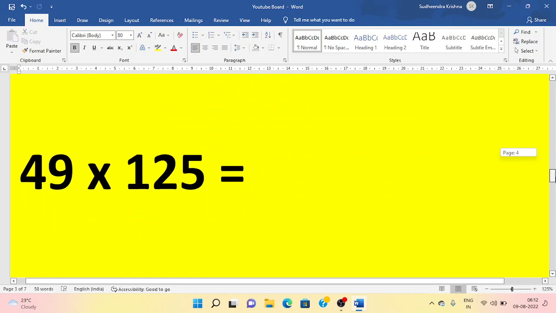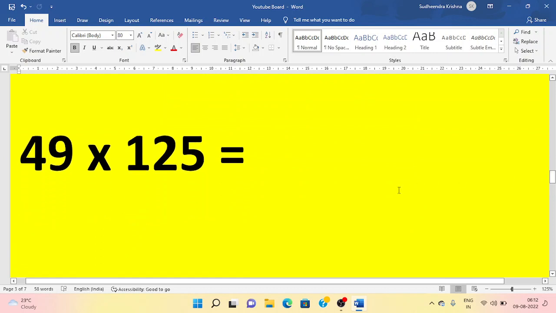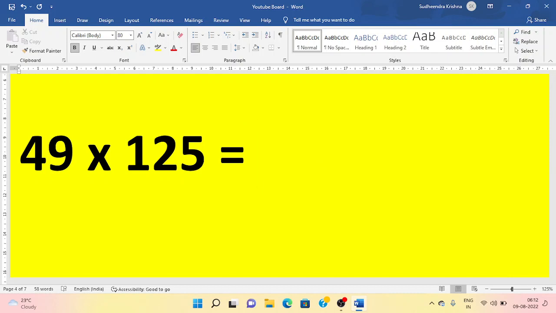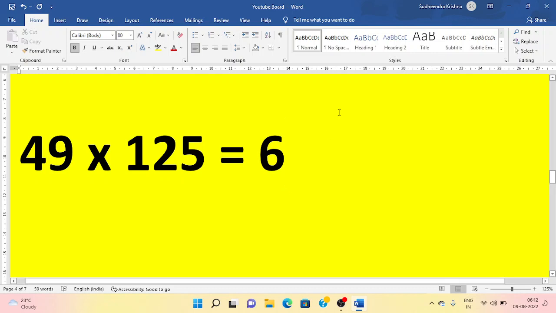Now let us take an example. Let us take 49 into 125. First divide 49 by 8. When you divide 49 by 8, 6 8s are 48. So you will get 6 as the quotient and 1 as the remainder. As per the table shown above, if the remainder is 1, you have to put 125 in the right portion of the answer.